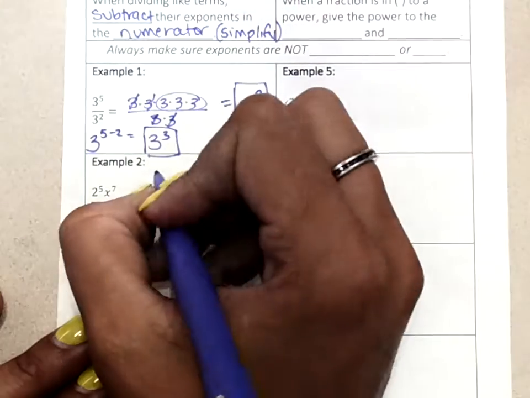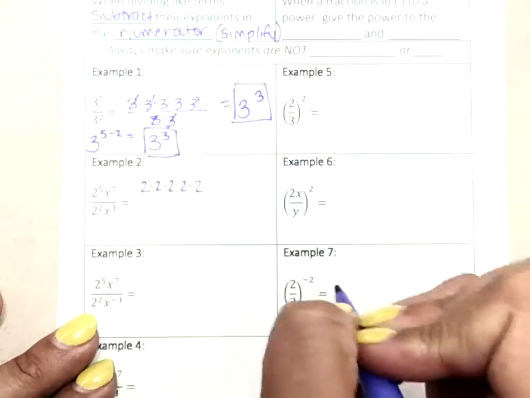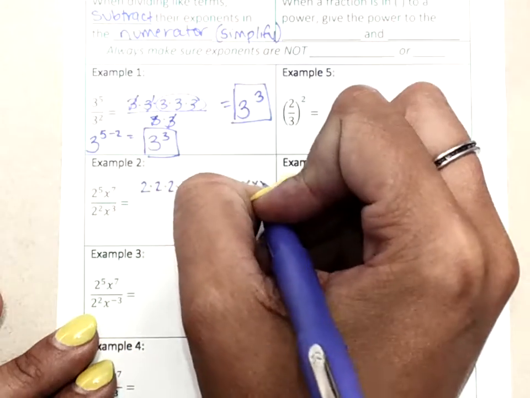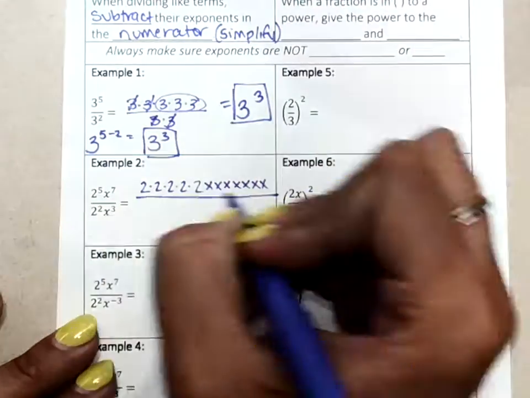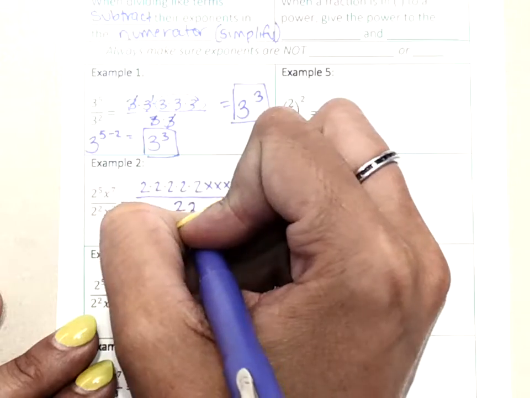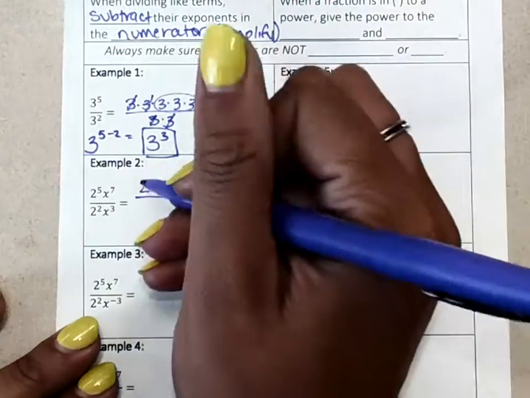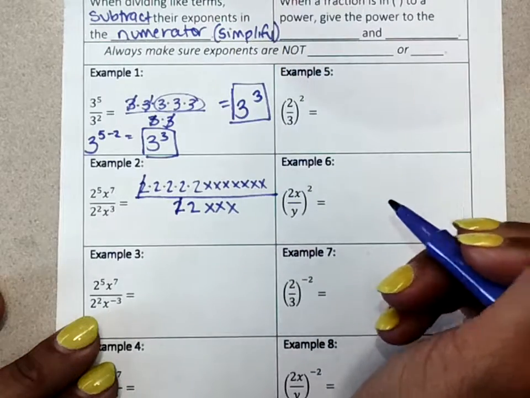For the next example, we're going to expand again. So I write the 2 5 times. And I write the x 7 times. And then the denominator, I write the 2 2 times and the x 3 times. Again, for each of the same numbers in the numerator and denominator, you can cross them out.